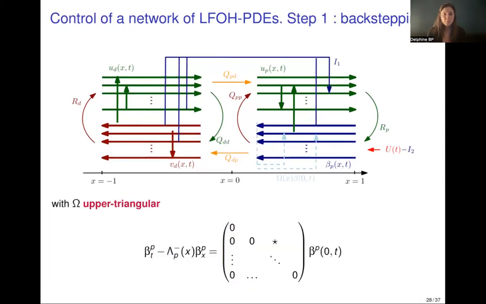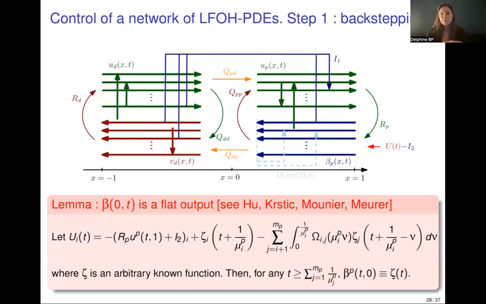But basically, we were able to reformulate the system in such a way that if we're able to control what's going on in the beta dynamics, so the bottom one, the transformed one corresponding to VP, the proximal V subsystem, then we act on the distal subsystem in a delayed manner, through the blue lines over there. And then, if we're able to stabilize what's going on in the distal subsystem, the stabilization of the proximal will follow.